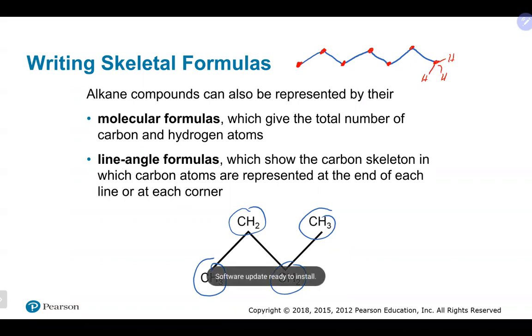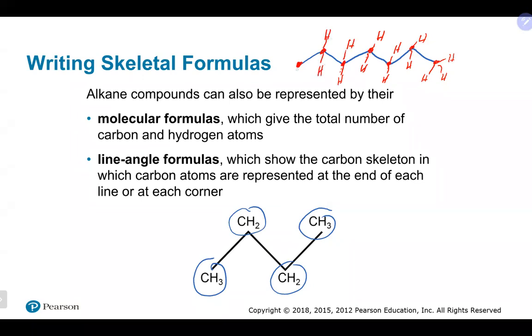This guy would have 2 hydrogens. This guy would have 2 hydrogens. 2 here. And I'm counting the hydrogens just to remind you, carbon should have how many bonds? 4. So this carbon at the end has 1 bond coming into it and would need 3 hydrogens to get the 4. That's how I get the 3 hydrogens at the end.